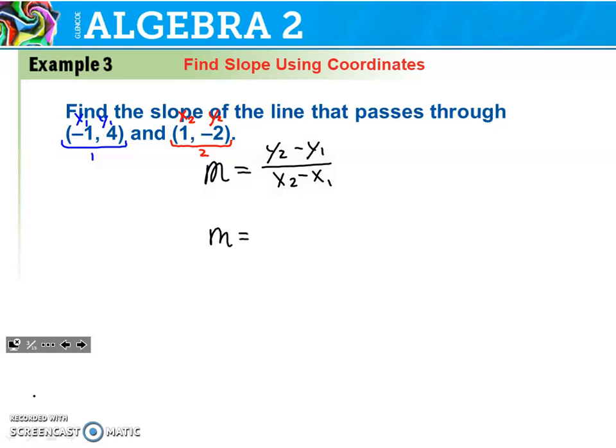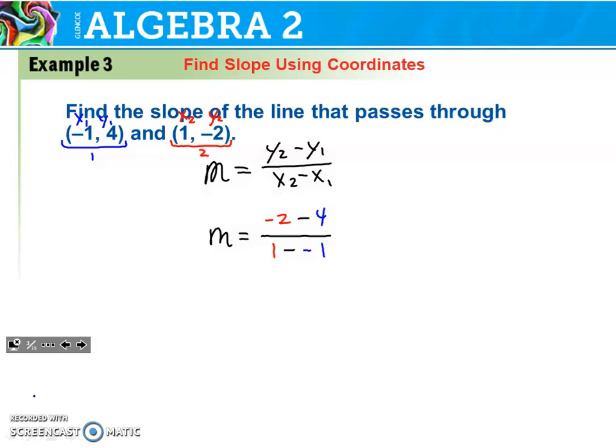I've got m equals y sub 2, which is negative 2, minus y sub 1, and y sub 1 is 4, over my x sub 2, which is 1, minus my x sub 1, and my x sub 1 is negative 1.